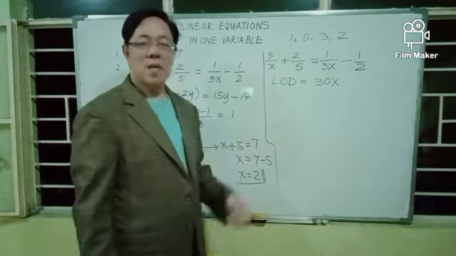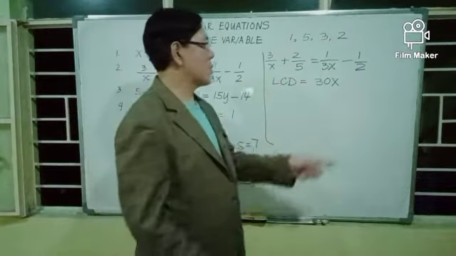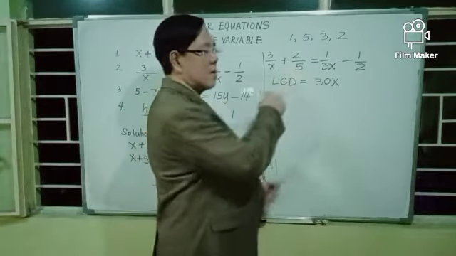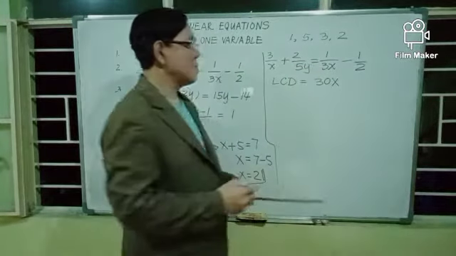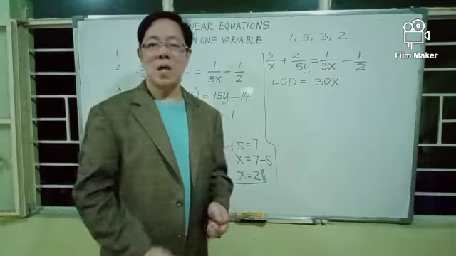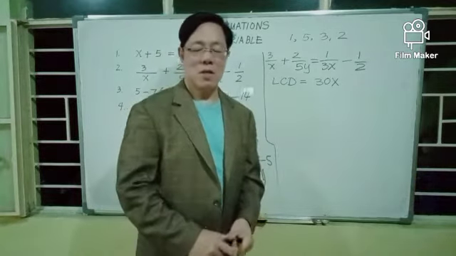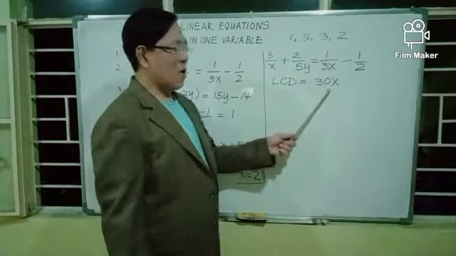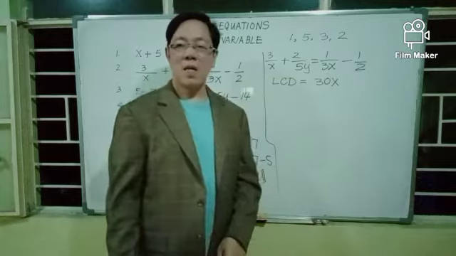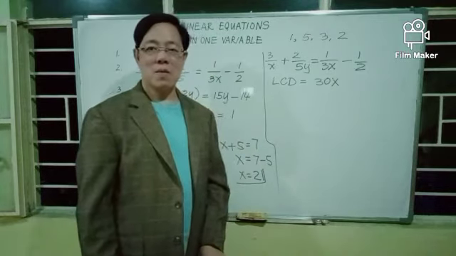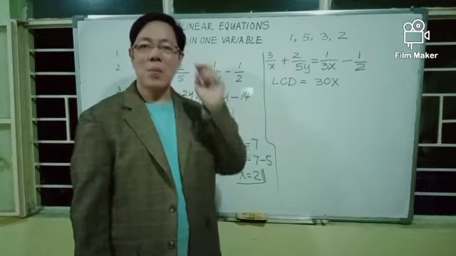Now, we go back to the original equation. This is x. Now, supposing there is another variable in the denominator. Suppose instead of 5, you have 5y. As I said earlier, when you get the LCD of denominators containing algebraic expressions, take all the variables that appear in the denominator. And if that variable appears with different exponents, take the highest exponent of that variable.